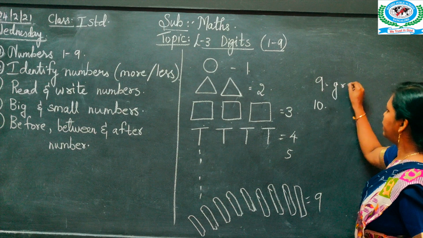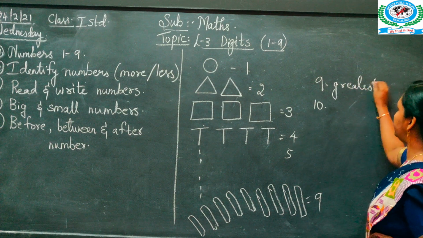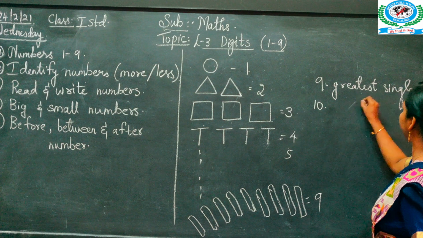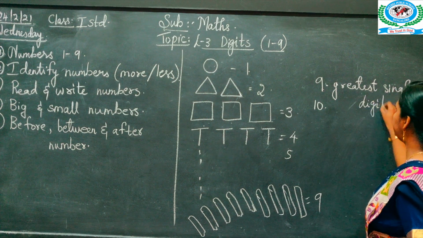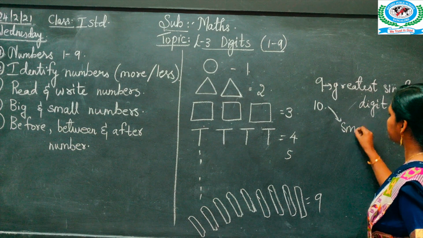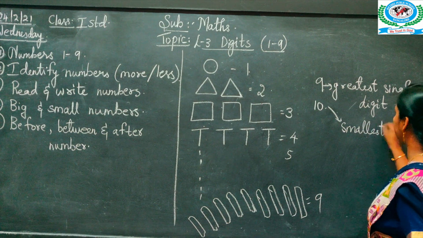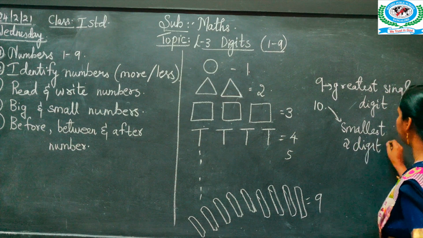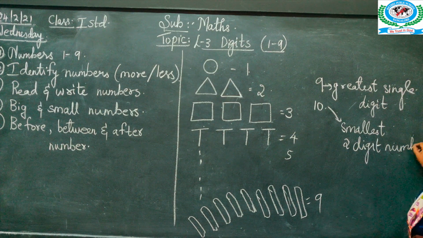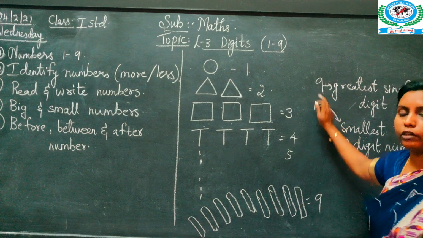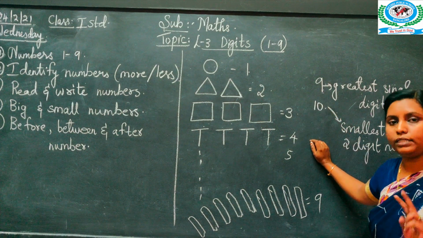This is the greatest single digit number, and this is the smallest 2-digit number. So after 9 you have 10, 11, that is 2-digit numbers.